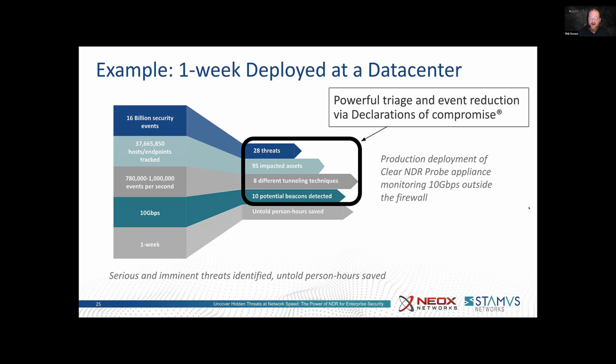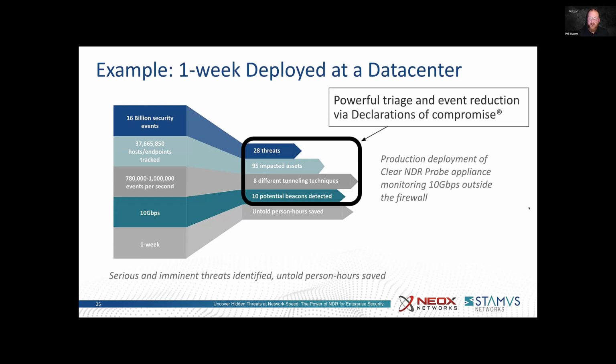Are they declarations of compromises? Are they policy violations? Are they events that need to be used for hunting or anything like that? And you'll notice there were 16 billion events. Over 37 million hosts and endpoints were identified, and that brought us to 28 threats in this data center with 95 impacted assets, 8 different tunneling techniques, and 10 potential beacons.